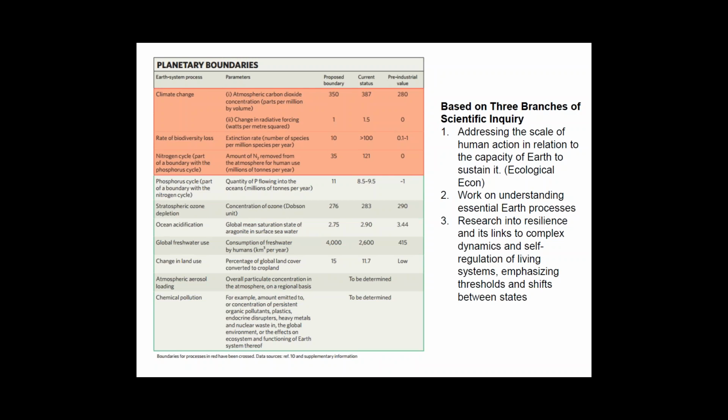It's also very difficult to determine what actually is a boundary, a safe operating space, for these types of things. And because of that, you noticed on the first slide that these two categories were left blank. They weren't really filled in yet. So they also don't really have a good measurement of what the pre-industrial value is. So as time goes on, these are the types of things that climate scientists and ecologists are working to help determine, but we don't quite have those numbers yet.